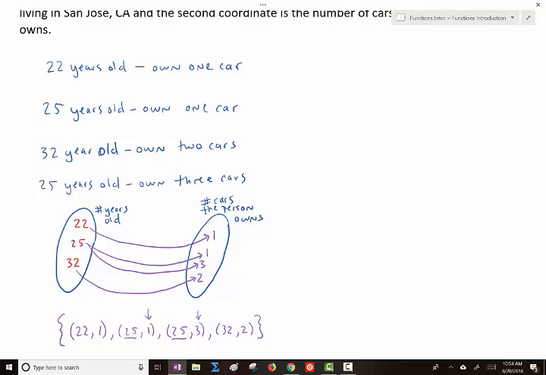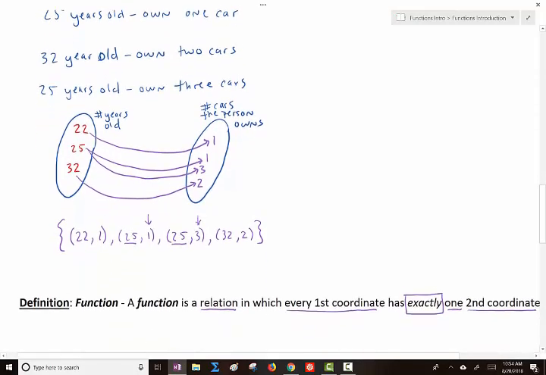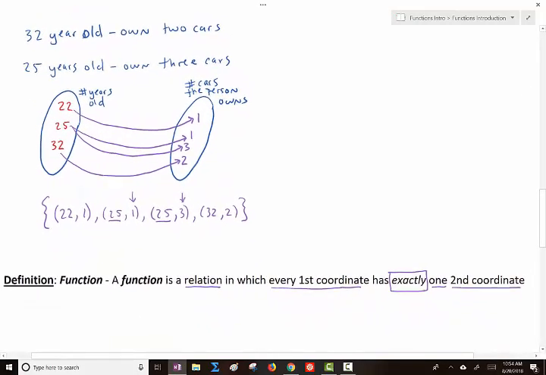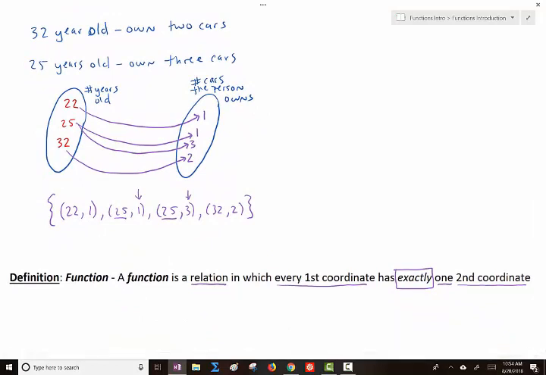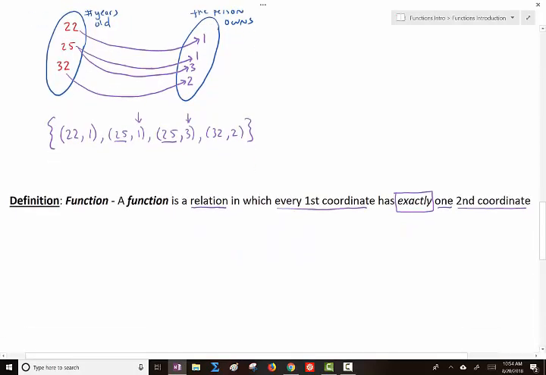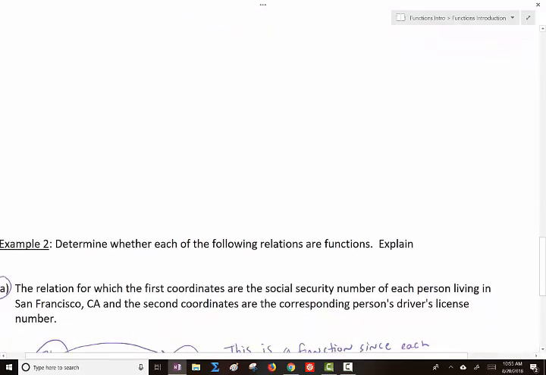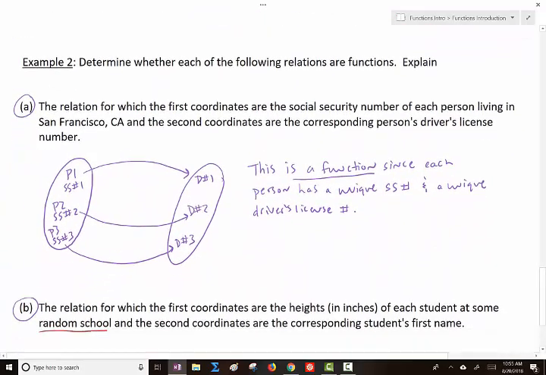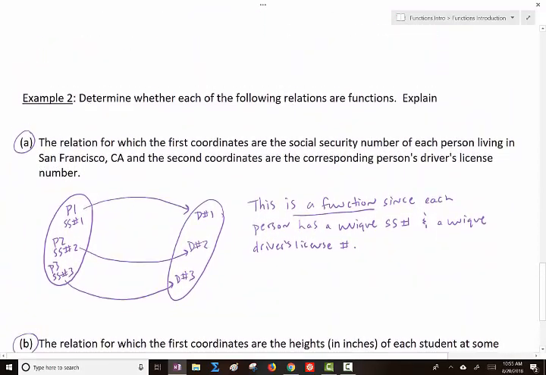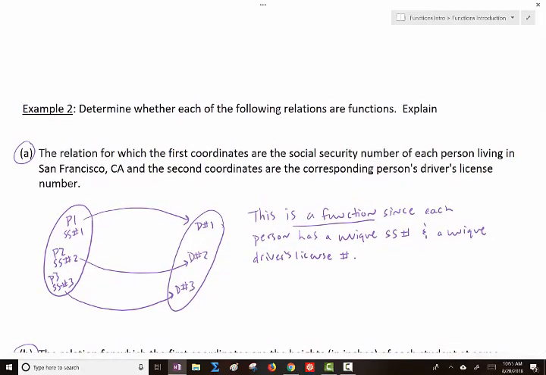So the first coordinate of 25 had two different second coordinates. That violated the definition of what a function is. A function, of course, is a relation in which every first coordinate has one and only one, exactly one, second coordinate.